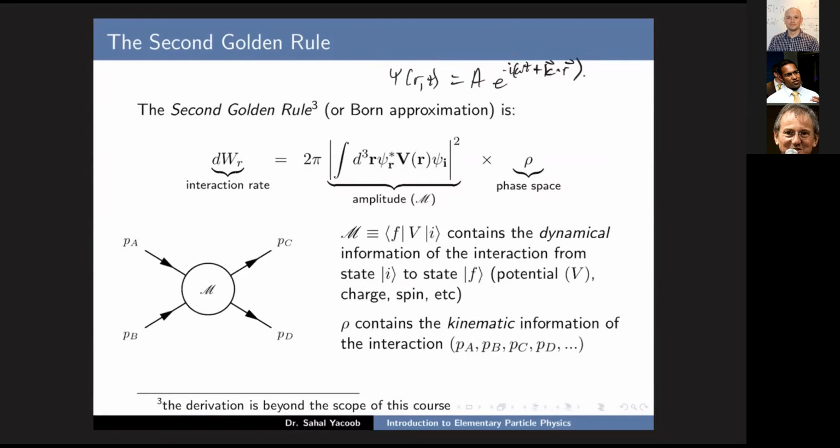They're far away from the interaction potential, and the interaction potential only acts over a short range. And so when we want to calculate the amplitude, we can say we have initial states that are essentially eigenstates of the vacuum, of a non-interacting Hamiltonian, and final states that are eigenstates of a non-interacting Hamiltonian. And then we have a small region of space where there is an interaction. And we can describe the universe by building this up.